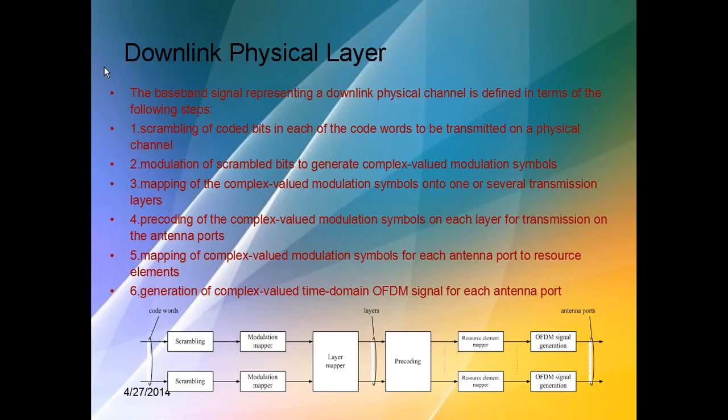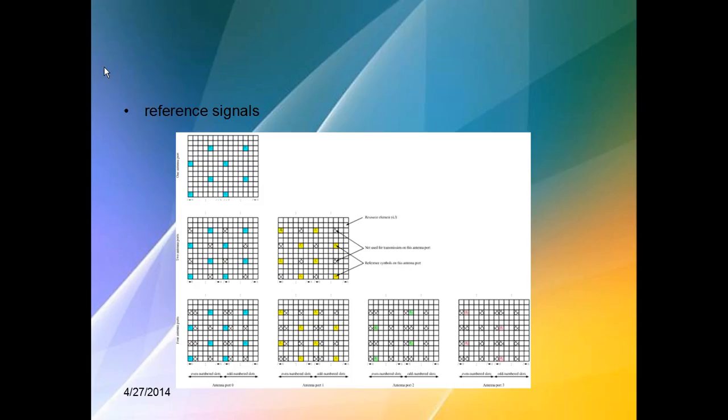Precoding of the complex-valued modulation symbols on each layer for transmission on the antenna ports. The next one is mapping the complex-valued modulation symbols for each antenna port to the resource elements. And finally, generation of the complex-valued time-domain OFDM signal for each antenna port.